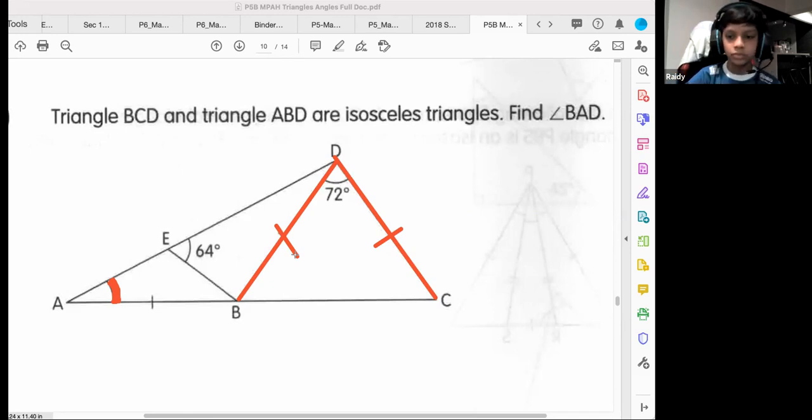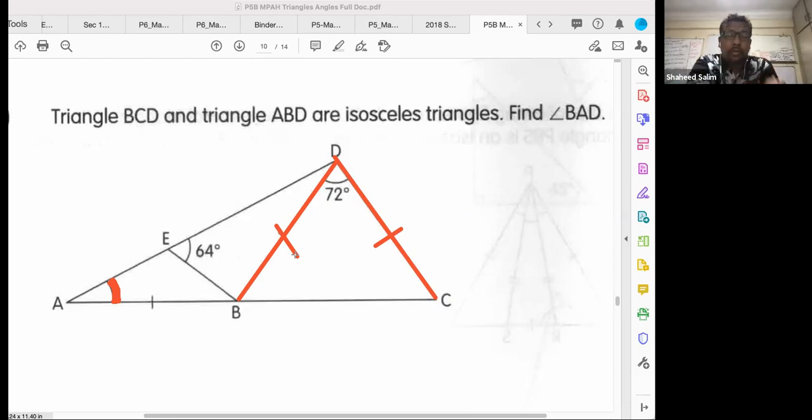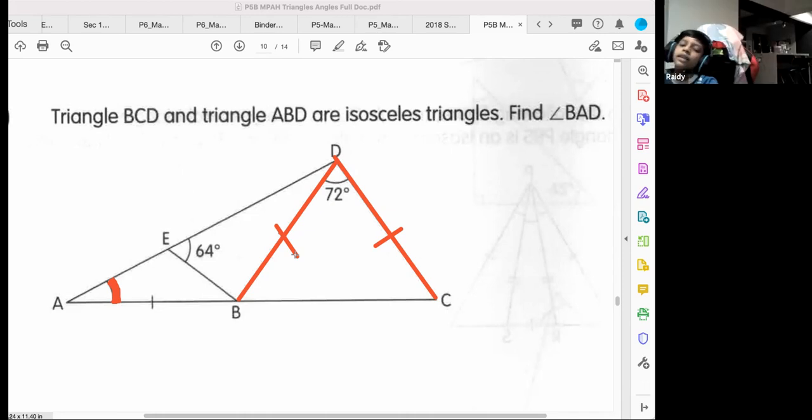Yeah. Right. Okay, I'm still checking the answer. B, C, D. That's take 180 minus.